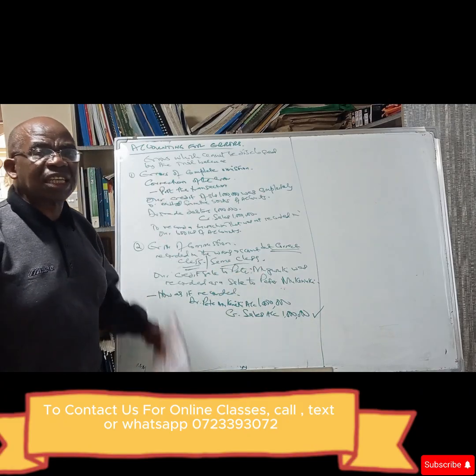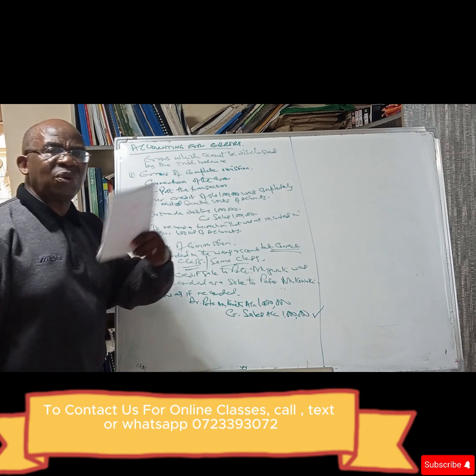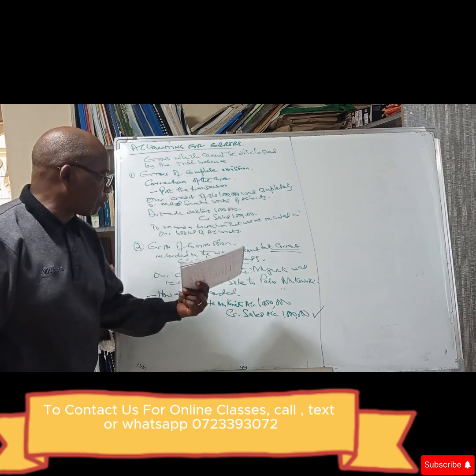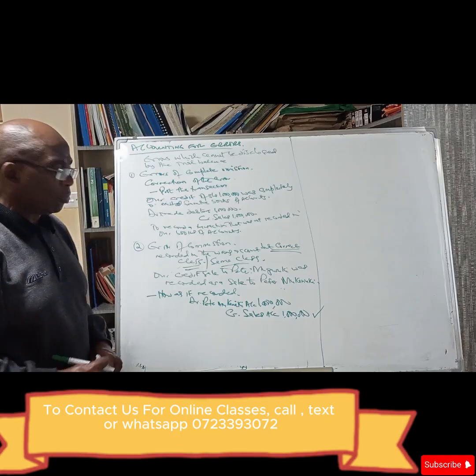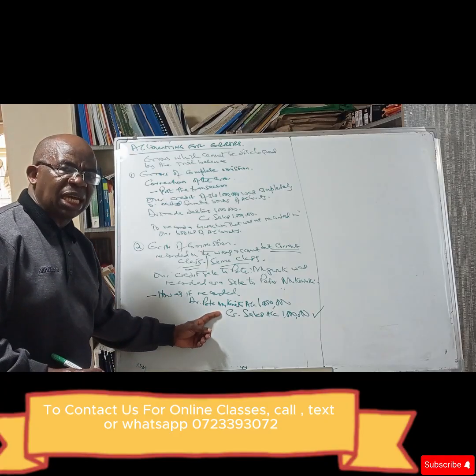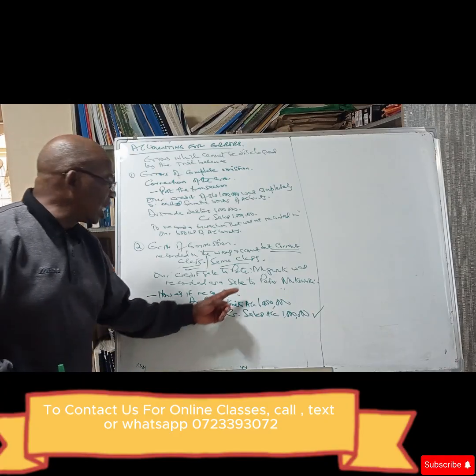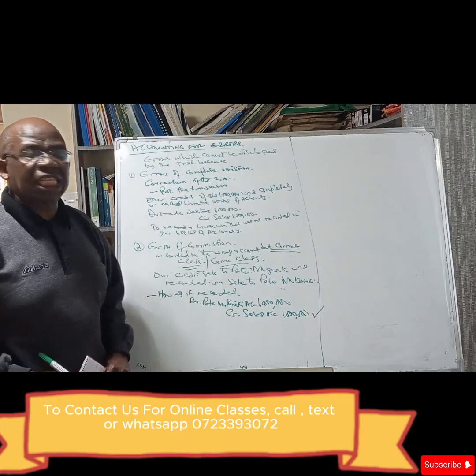So we reduce the receivable from Mukenoki as we increase the receivable from Peter Mogoroki, because it is his debt.